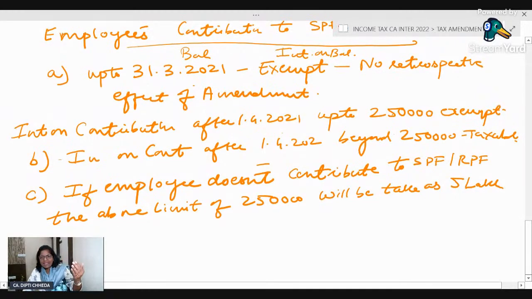Up to 5 lakh it will be exempt, and beyond 5 lakh it will be taxable.